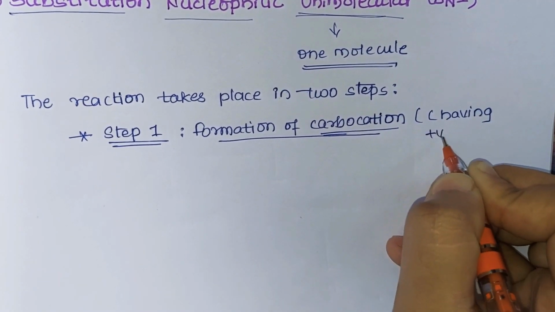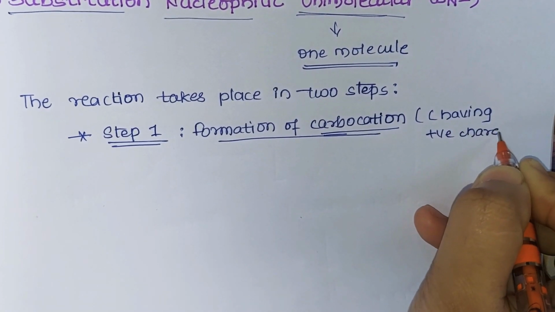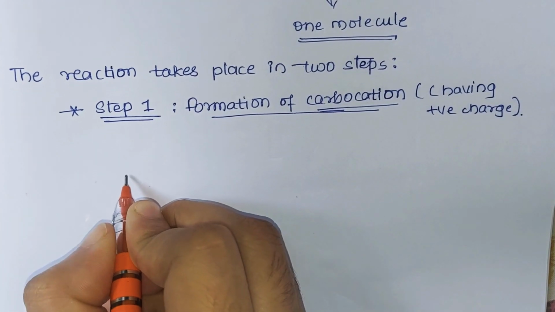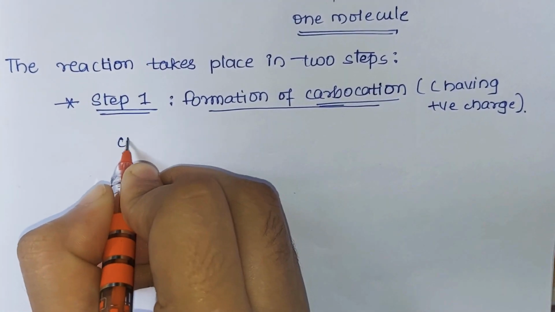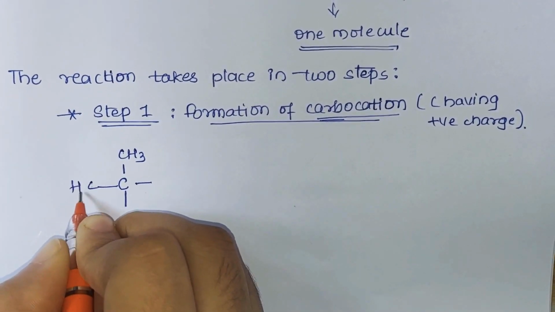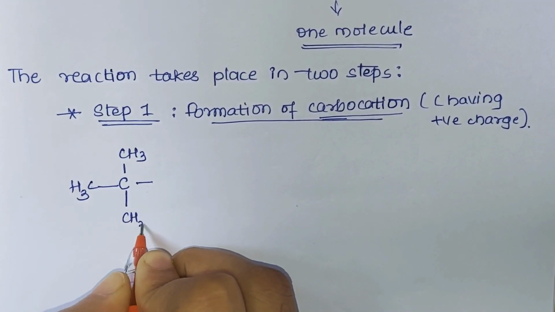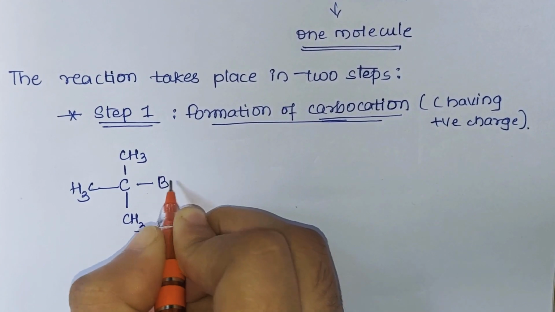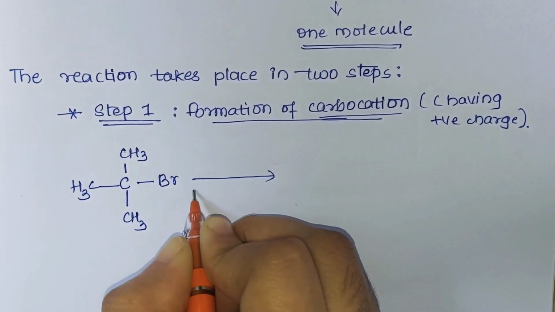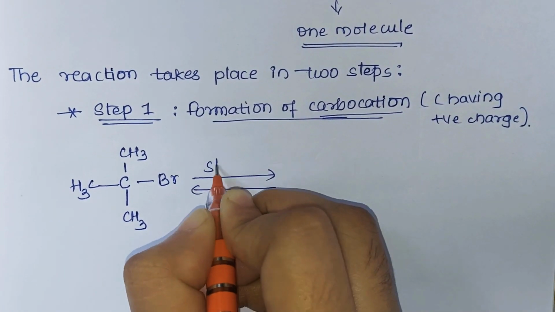So we'll consider the reaction. In step 1, formation of carbocation, we take our alkyl halide, that is the substrate. In the first step, ionization of the alkyl halide takes place. That is, the alkyl halide undergoes ionization to form a positive ion and a negative ion. The positively charged ion we call a carbocation.